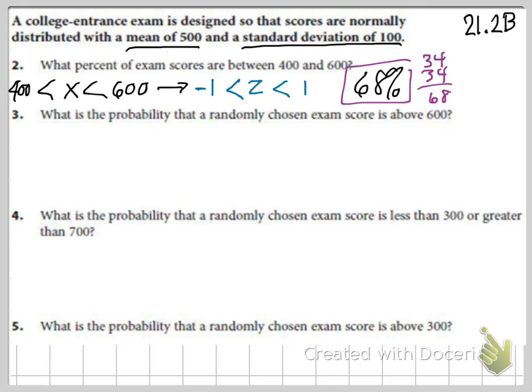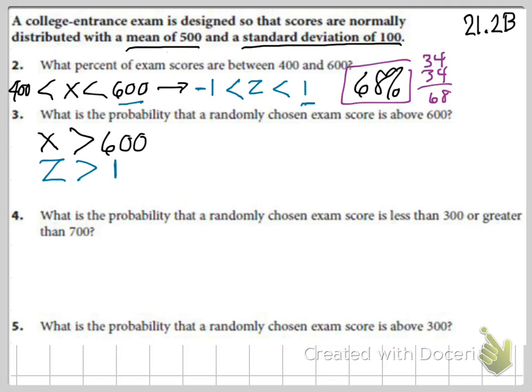Okay, number 3. What's the probability that a randomly chosen exam score is above 600? So we're talking about X, exam score. Above means greater than 600. Up there just above this, I already know that 600 goes with a z-score of 1.